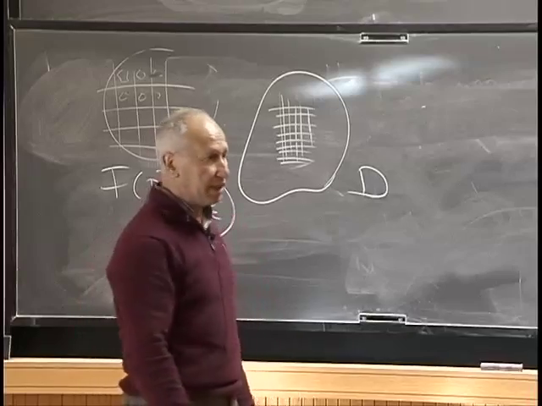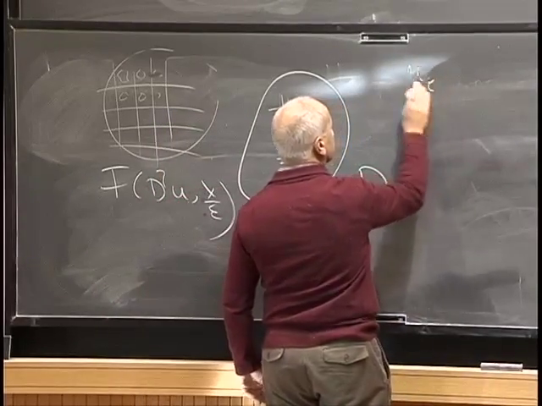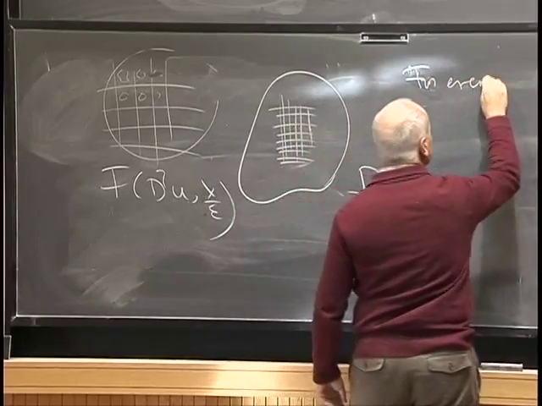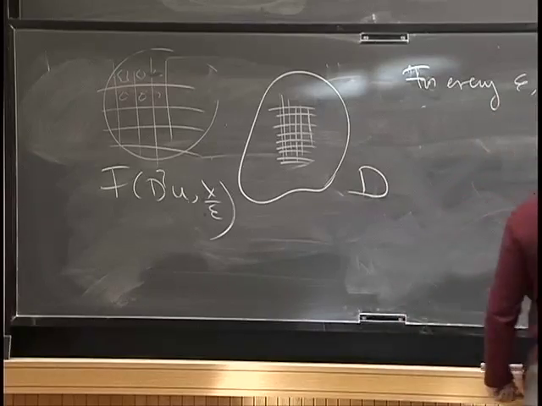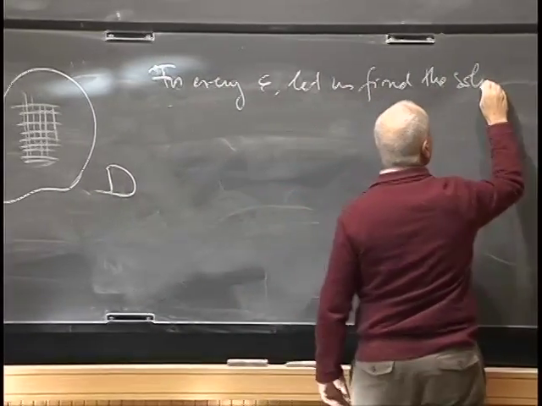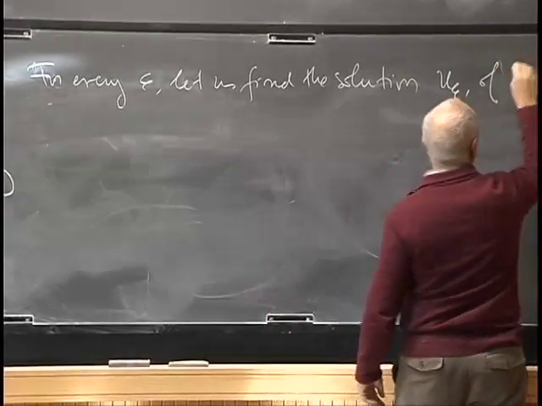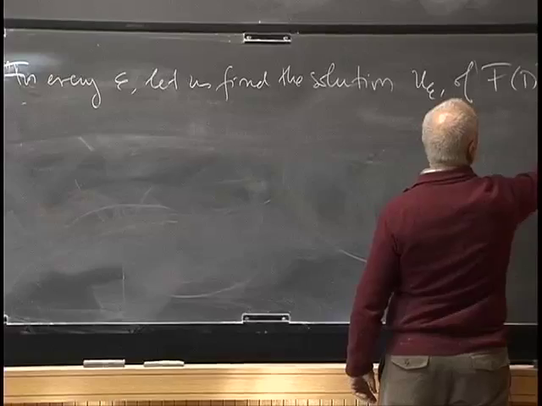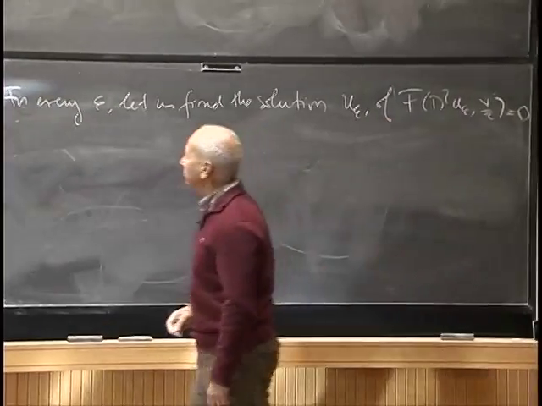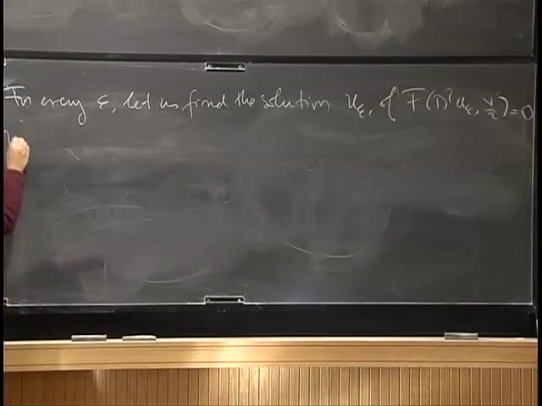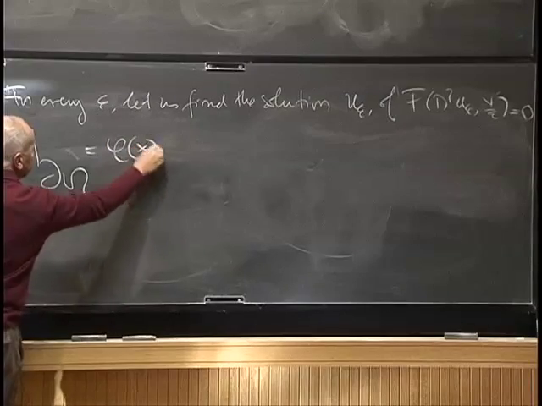So for every epsilon, let's find the solution u epsilon of f of D squared u epsilon, x over epsilon, equal to 0, with the fixed data for all of them, u epsilon restricted to the boundary of omega equal to phi of x.